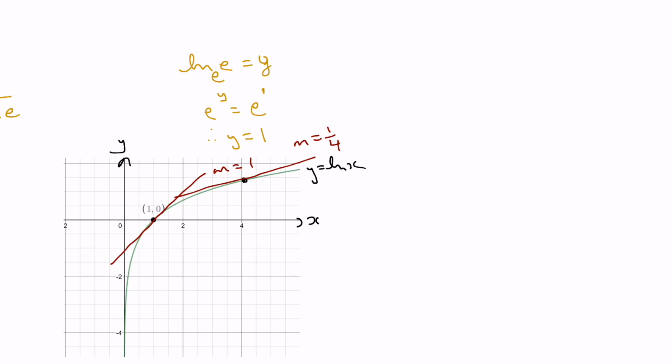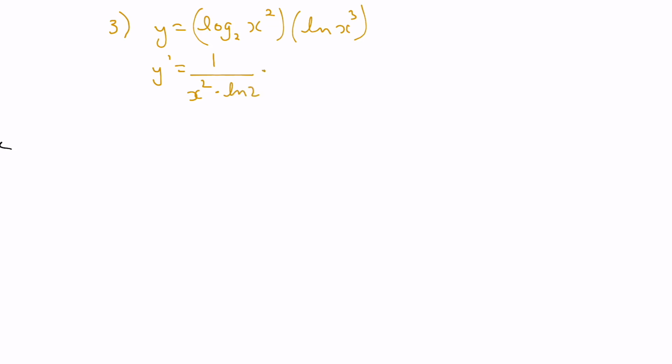Okay, let's finish off with a final example. What if we wanted to find the derivative of log base 2 of x squared times the natural logarithm of x cubed? Using the product rule, the derivative would be the derivative of the first function, which would be 1 over x squared times the ln of 2 times the derivative of x squared, which would be 2x.